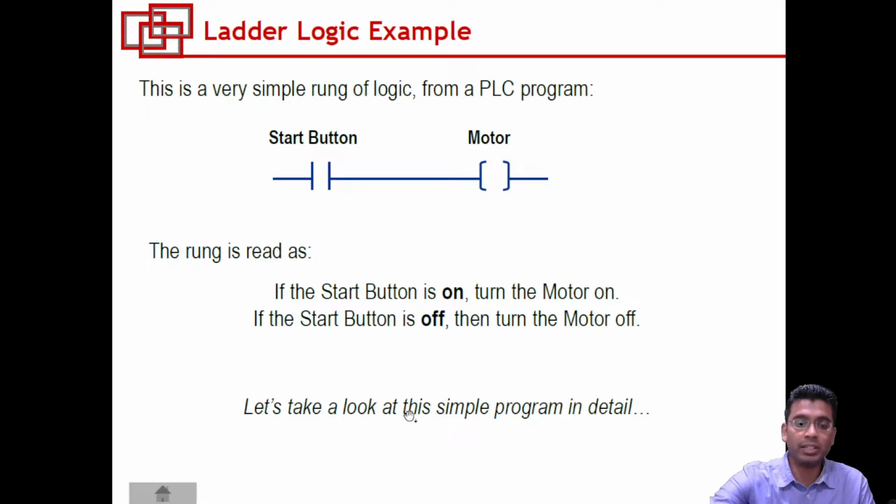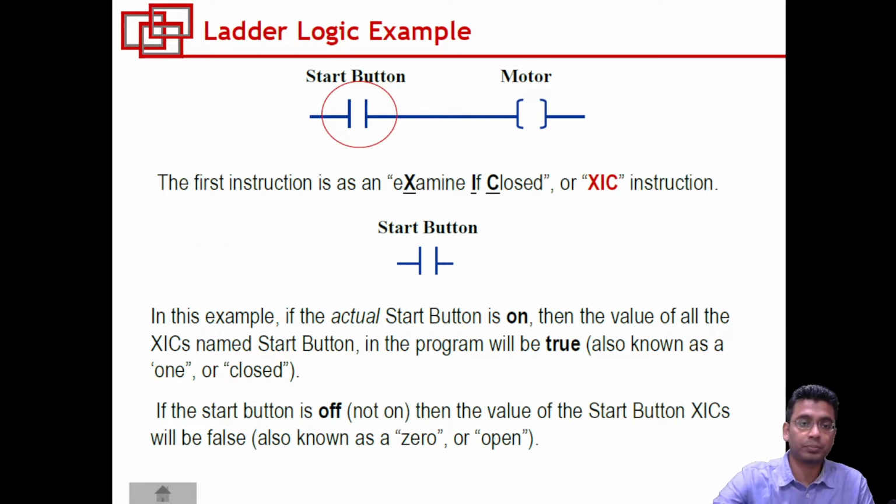Now let us take some more examples. So what are these symbols? The first instruction is known as the XIC instruction. What is XIC? It stands for examine if closed. That means right now it is open, just like, if you draw an analogy to valves, you had a normally closed valve and a normally open valve.